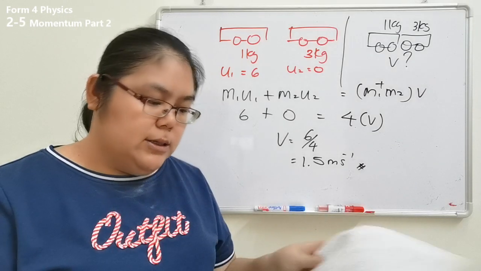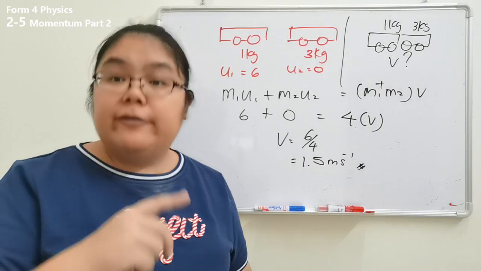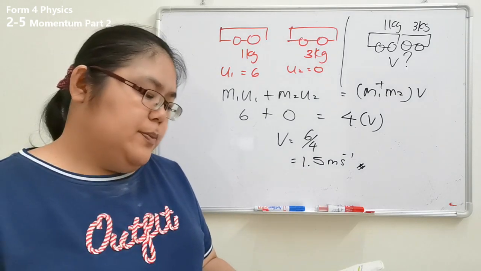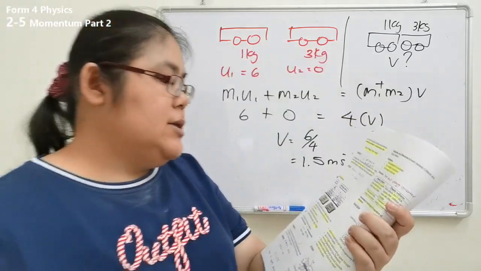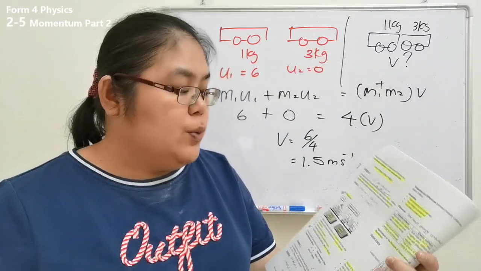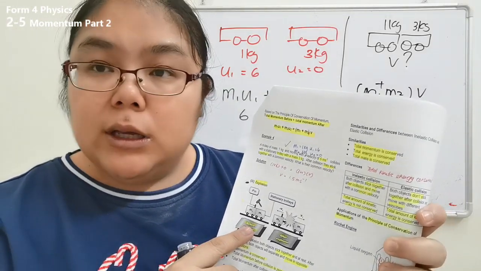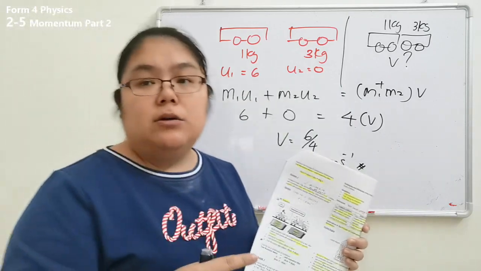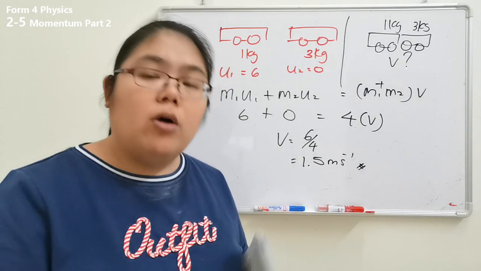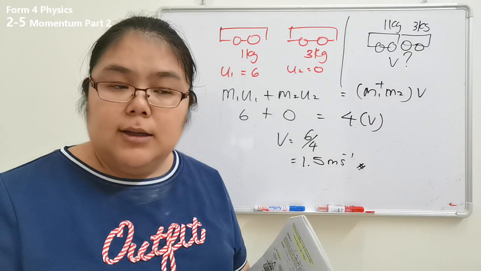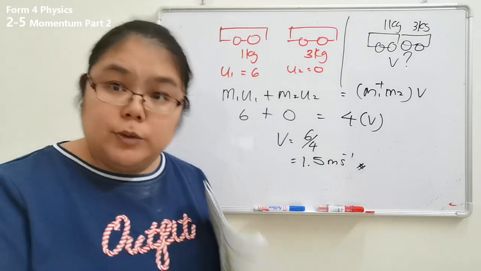The last one is explosion. This is the question I wanted to tell you about, the fireman just now. Explosion, you can see the diagram here. The trolley is stationary when starting, both are not moving. For example, the hose just now: before you turn on the water, there is nothing, the water and hose are stuck together.